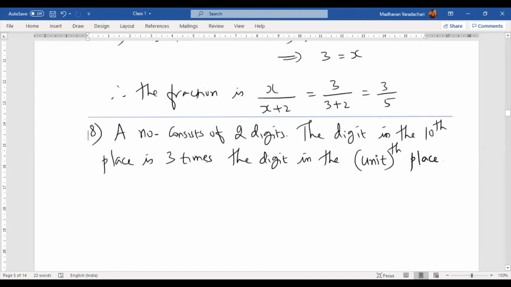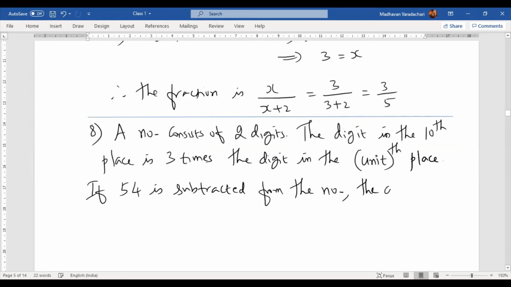If 54 is subtracted from the number, the digits are reversed. Find the number.